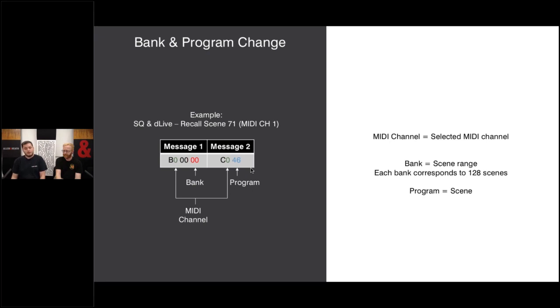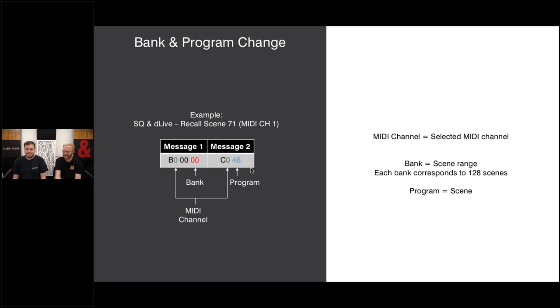So with banks, and this is a bank change, not a fader bank, you have access to up to 128 programs, and in this instance a program is a scene. So you can access 128 scenes within your mixer on one bank.